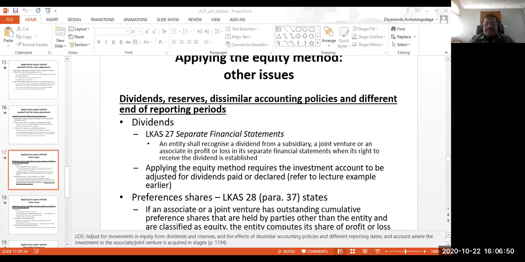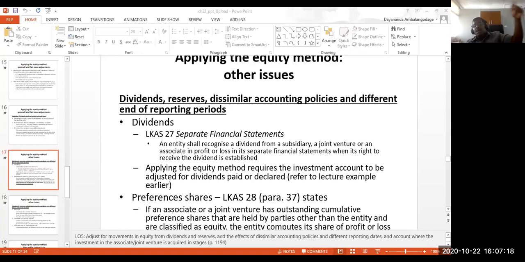So the thing is this: 15,000 is the given profit for the particular business. Here 15,000 is the current year profit, and from that profit you have to deduct the additional depreciation required for the revaluation, and also the sale of inventory, 3,500.